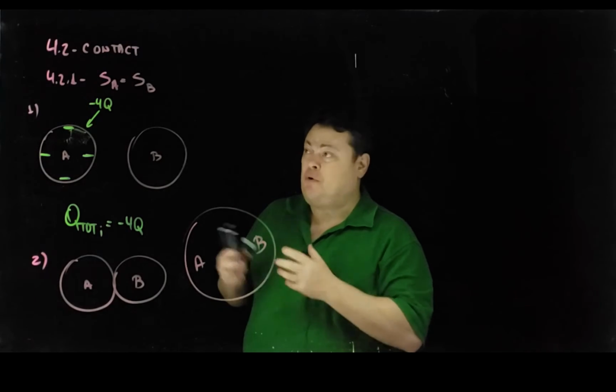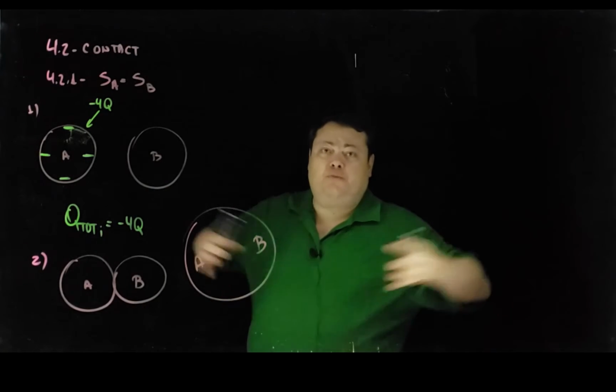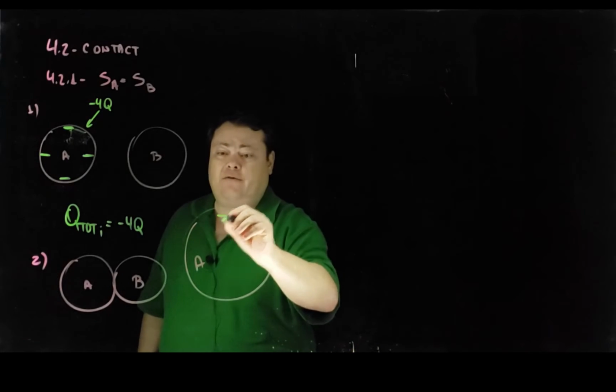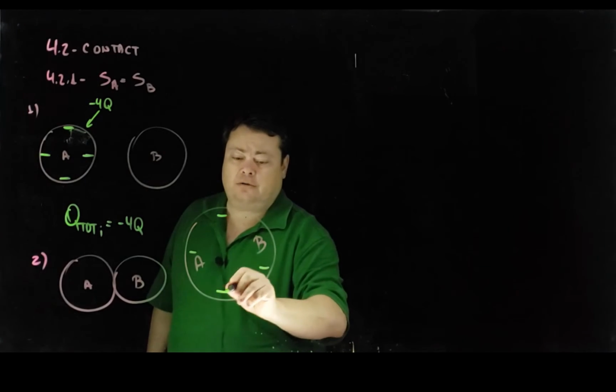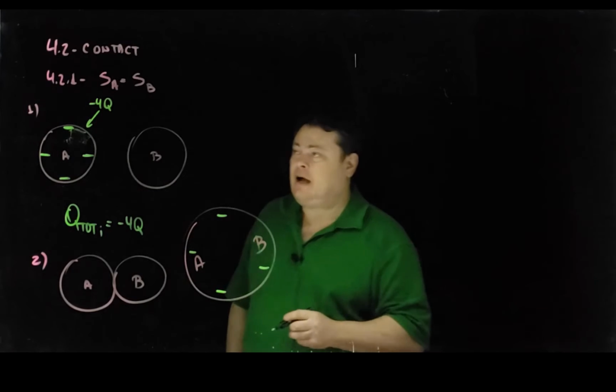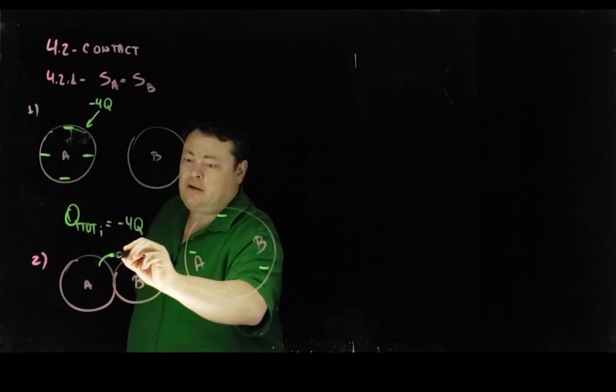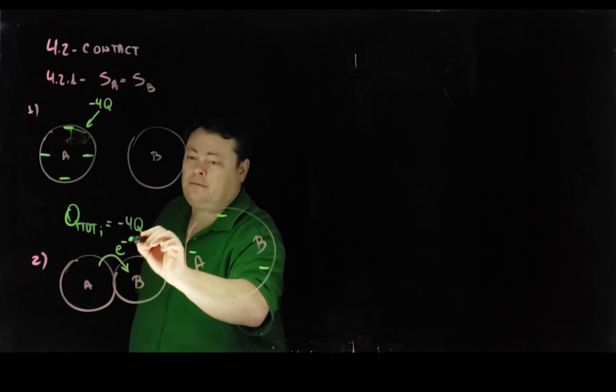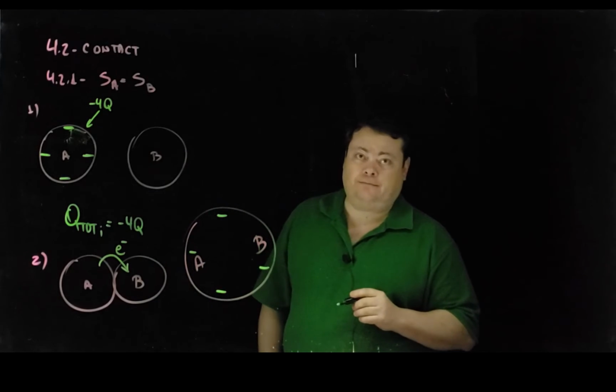And what they're going to do, they'll repel each other, they will spread all the way around. So now I'm going to have this charge this way. So in practice, I had electrons moving from A to B. This is what we really had.